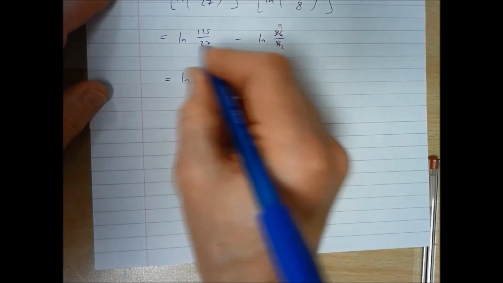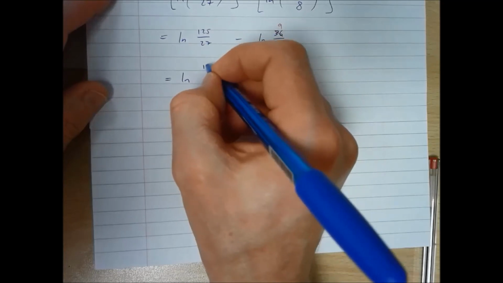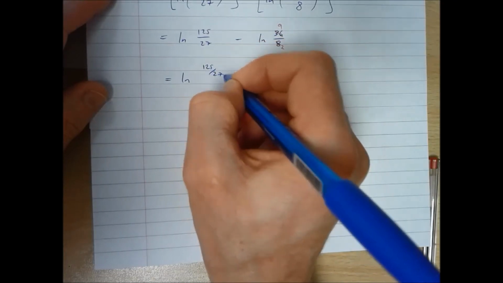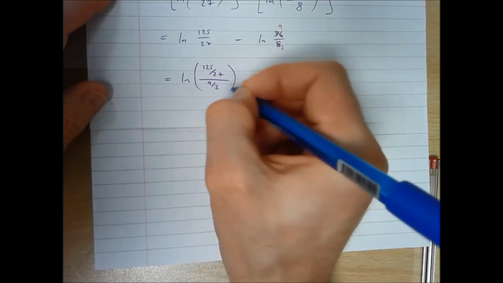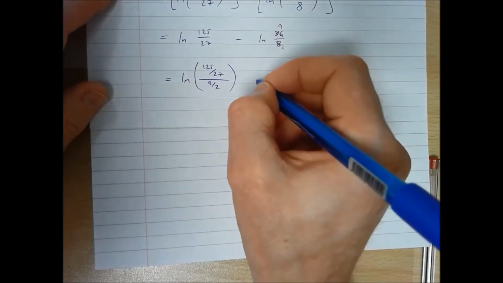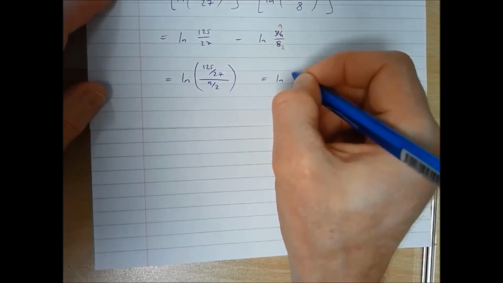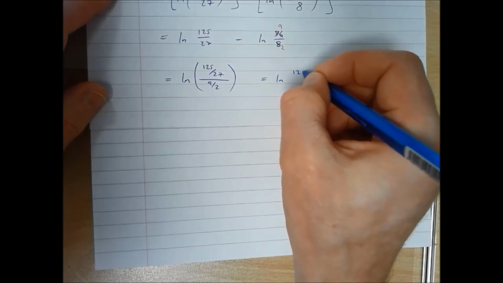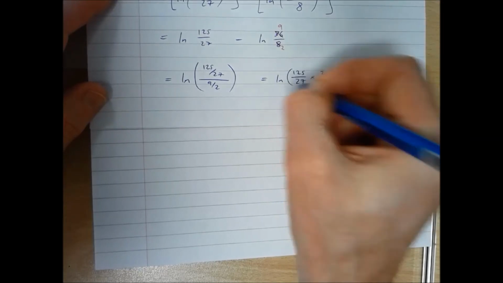Okay, and then because we're subtracting two logarithms, we can divide the insides. So we've got 125 over 27 divided by 9 over 2. Okay, which is the same then as ln of 125 over 27 times by 2 over 9.